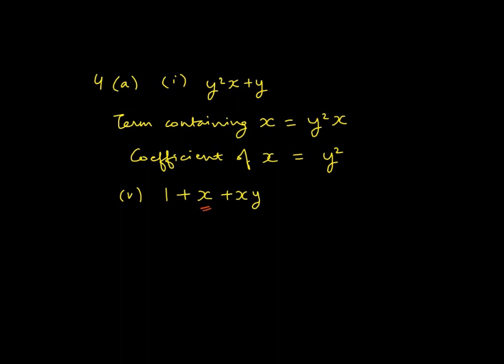This second term is containing x, as well as this third term is also containing x. So the coefficient of x will be written as 1 from the second term and y from the third term. So the coefficient of x will be 1 plus y.